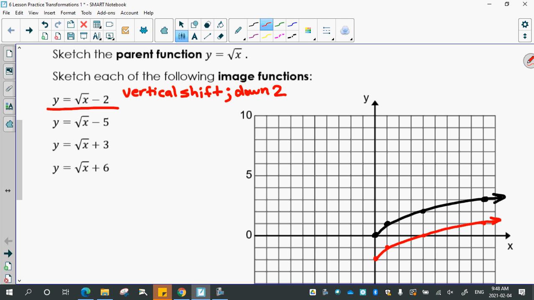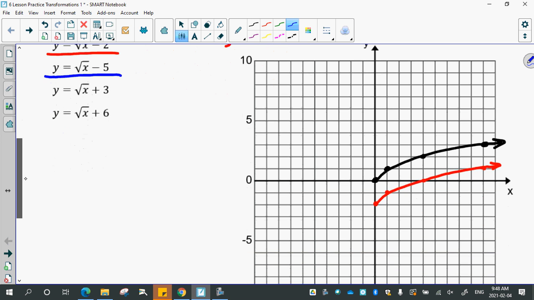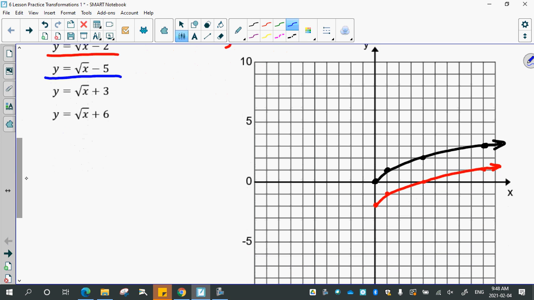So based on that, does anyone have an idea of what y equals the square root of x minus 5 is going to look like? You're going to go down 5. Yep. So it's going to start at -5 on the y-axis. But it's going to have the exact same shape again.